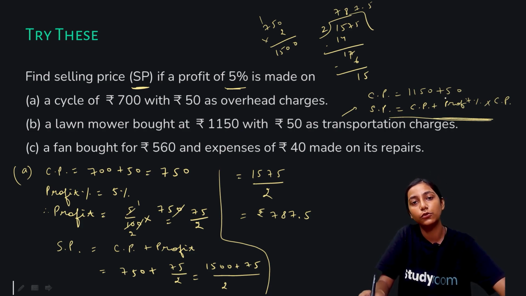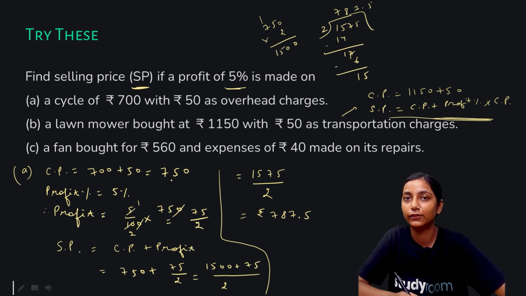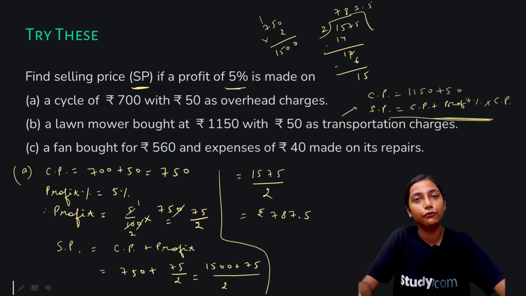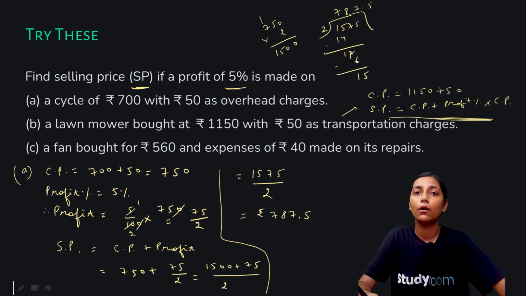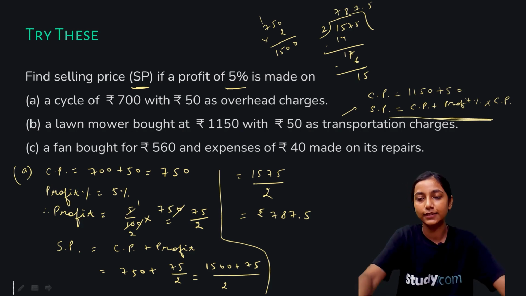In B, 1200. First one I have done it for you. In this it was 750 the cost price, and finally we found out the selling price that came to be 787.5. So these two parts you have to do. I have told you the formula and I have told you the cost price as well. These will be done with the same steps as I used here. So you can use hints from here and solve these.